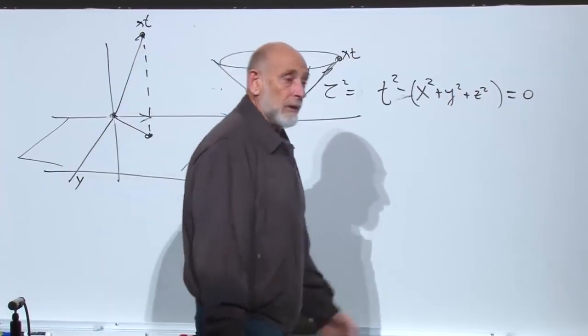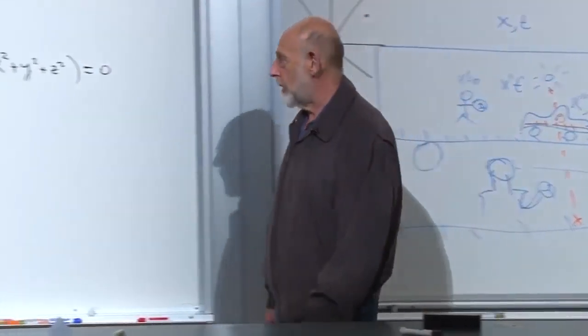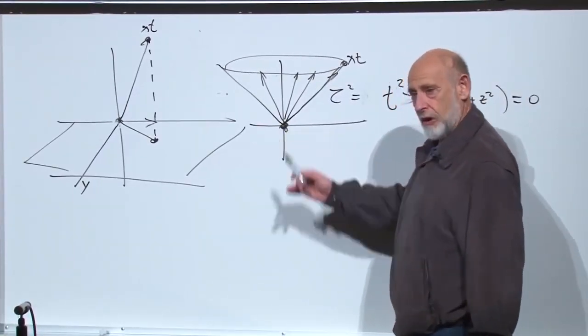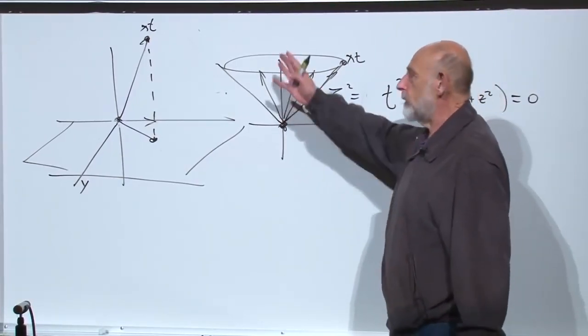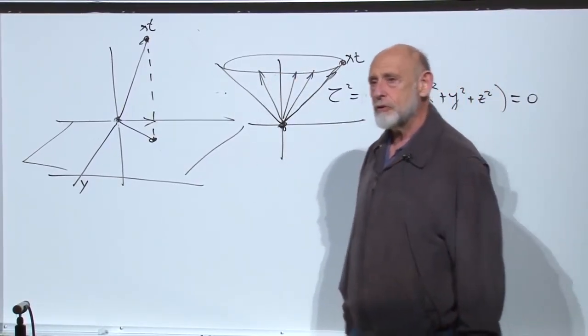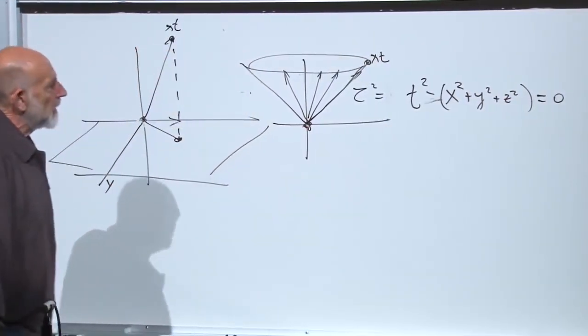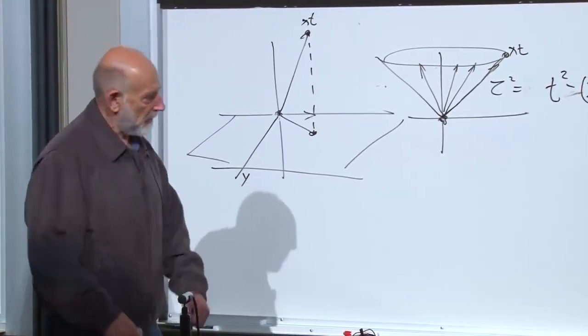That's called a light cone. A light cone is the set of points that a light ray can arrive at if it starts at the origin. This would be called the future light cone. The future light cone is all of the places that light can get to starting at the origin. There's also a thing called the past light cone.